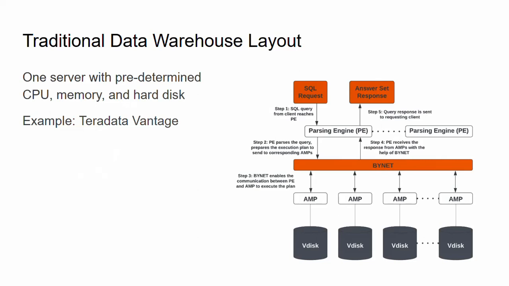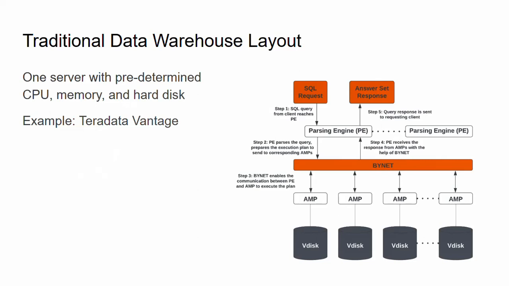In this Teradata Vantage site, you can see there is monitoring of SQL requests and answer response tracking based on the Teradata parse engine. Then this parse engine will hand the data jobs to different nodes and spread them out on the data nodes.